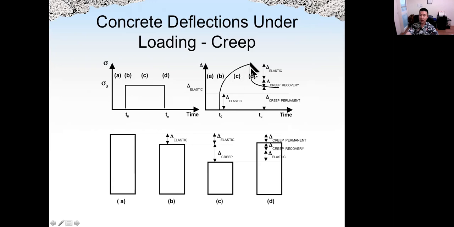If we remove the load, the elastic response will be recovered instantaneously, but for the creep part, only some can be recovered. Part of the creep is permanent, caused by the slippage of the CSH sheets.